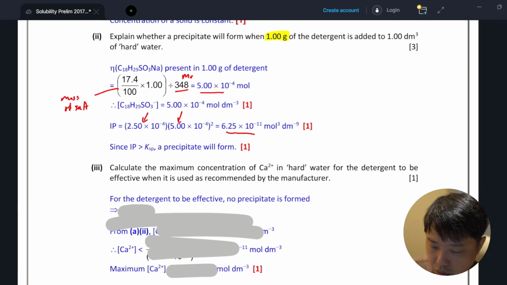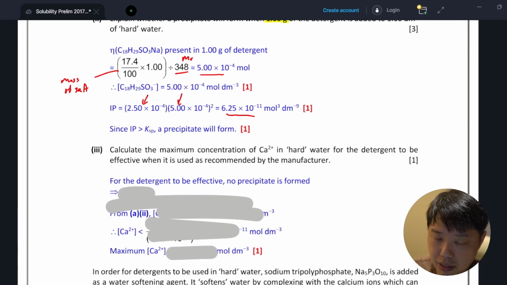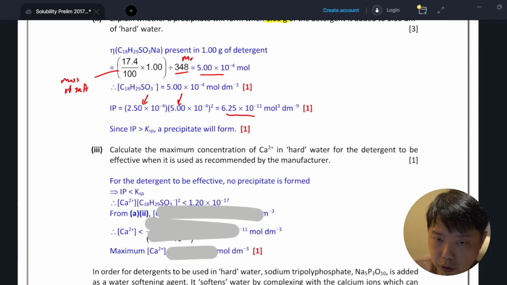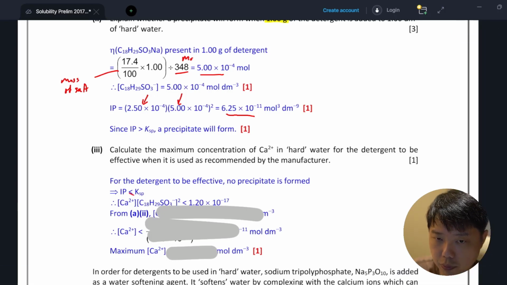Part 3, calculate the maximum concentration of calcium 2+ in hot water for the detergent to be effective. We want it to be effective, so we'll just let the IP equal the Ksp, or IP smaller or equal to Ksp. Then no precipitate will be formed.